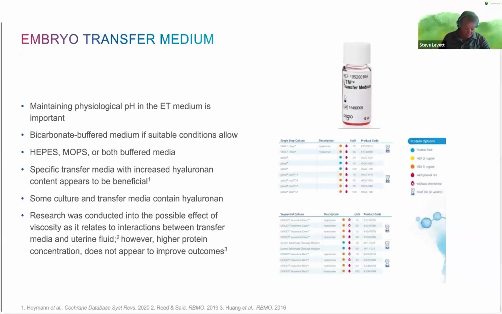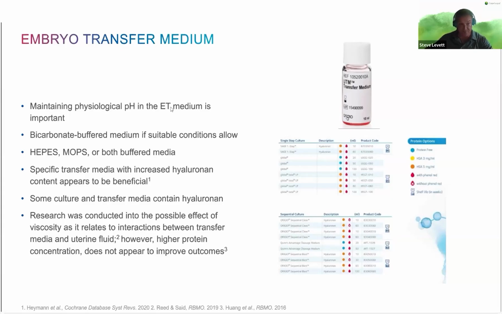I'm sure embryologists are keen to understand, and there's many variables here and many options that you have in terms of embryo transfer medium. What you're trying to achieve during the embryo transfer procedure is to maintain that physiological optimal condition throughout the whole process. So we need to be careful that we maintain pH, osmolality, temperature.